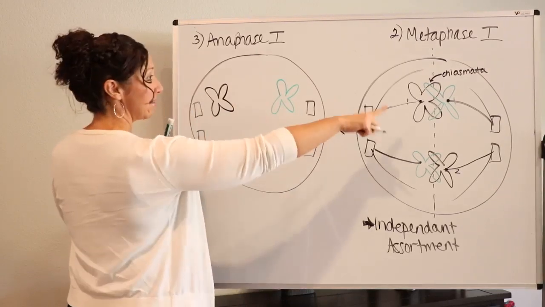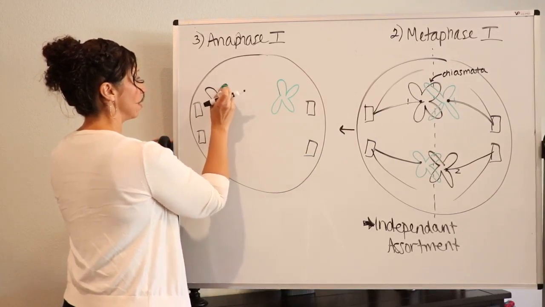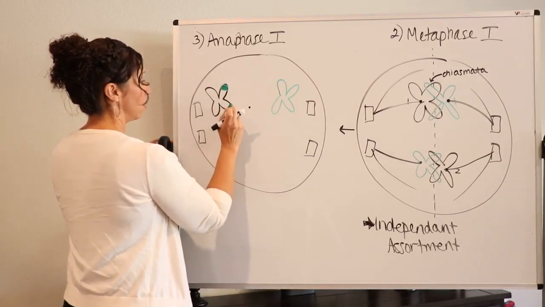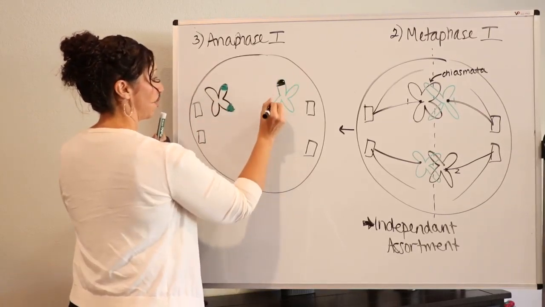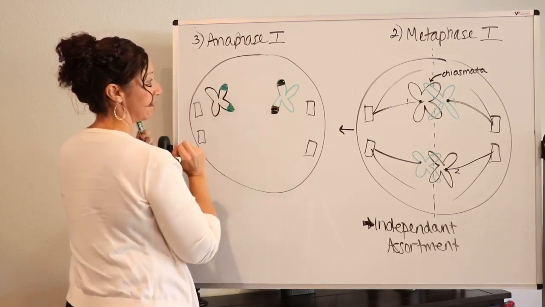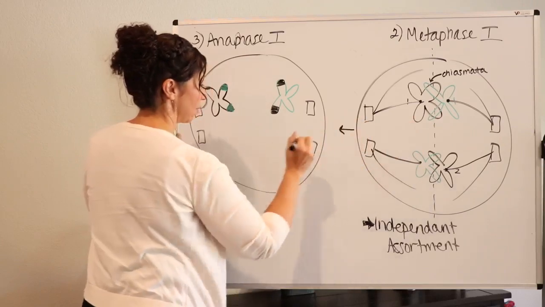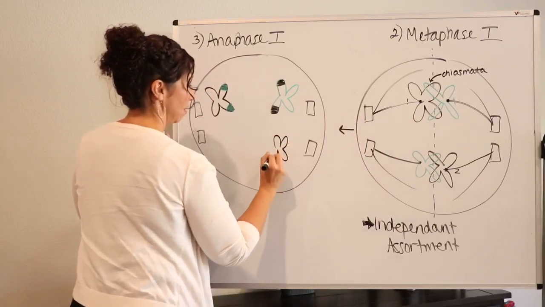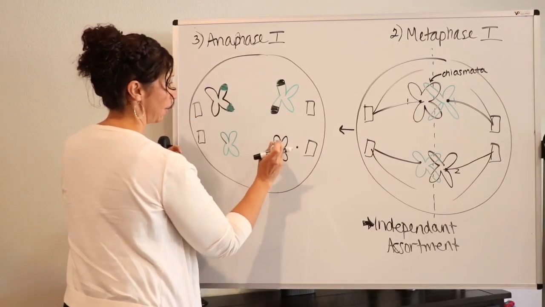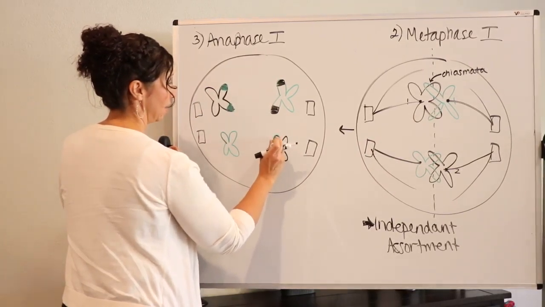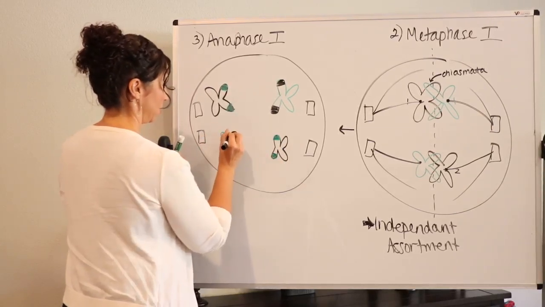But thanks to that crossing over event, I now have green on both sides here, and this one has swapped out black on that side. Same thing's going to happen over here. So that black one is going to go over here, and this green one's going to go over here, but I'm actually going to get green here and black here.